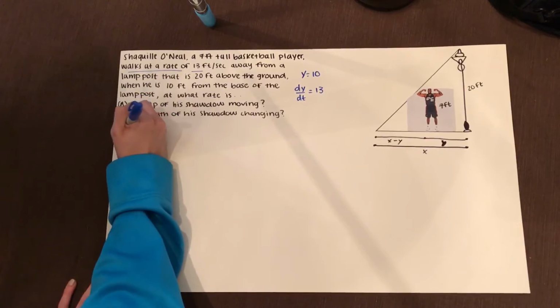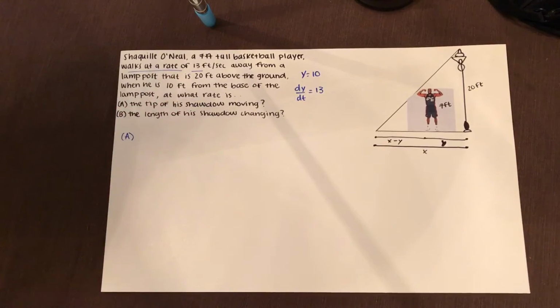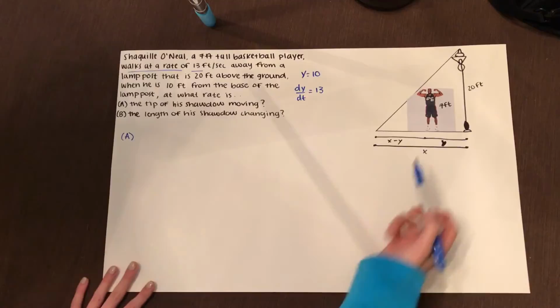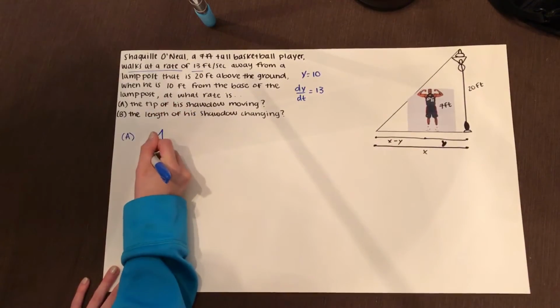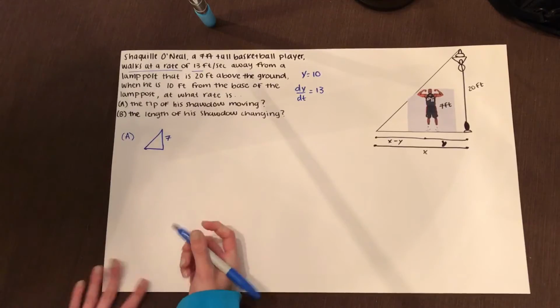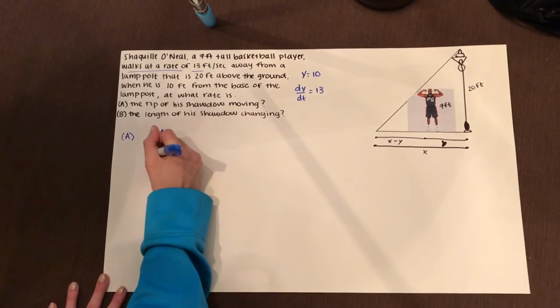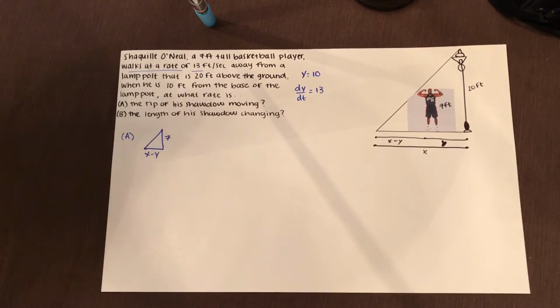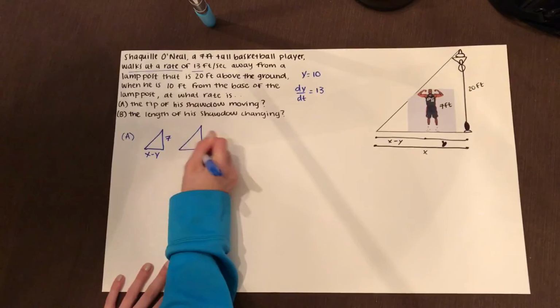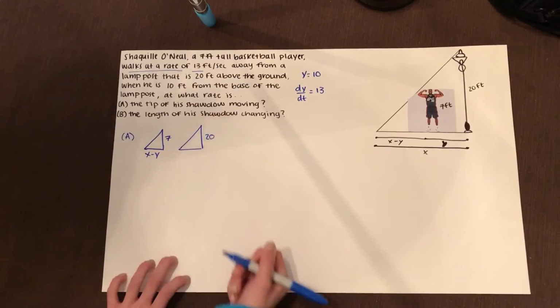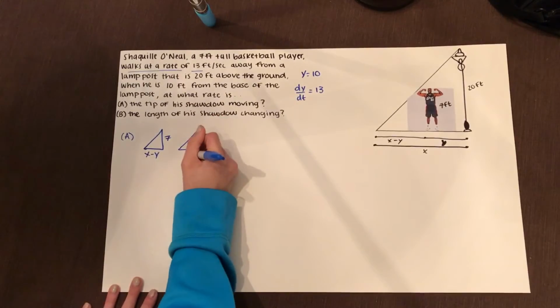So part A. And you're going to want to set up similar triangles. So your smaller triangle is Shaq standing at 7 foot tall, and then x minus y, which was the length of his shadow. And then your biggest one is your 20-foot lamppost and x.